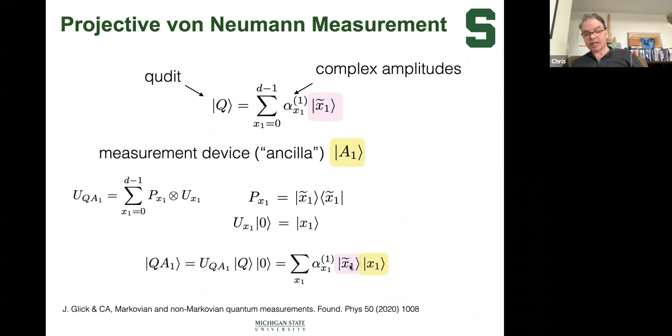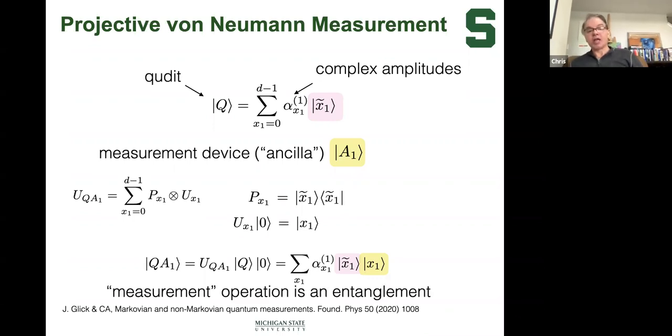Remember, this is the quantum state, and this is the measurement device. And you see, yes, they reflect each other, but of course, it's an entangled state rather than a product state. So in this case, the measurement operation is an entanglement. And by the way, von Neumann has written all of this down already. So this is not new from me or anybody else.